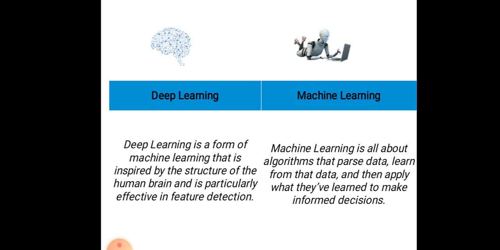That will be helpful in the case of deep learning, right? And what we do with machine learning is, a machine learning algorithm is all about passing the data, learning from the data, and then applying whatever the machine has learned to give some informed decisions, right? So the basic difference you are understanding, right? Deep learning is influenced by the structure of the human brain, and it is used to extract features.